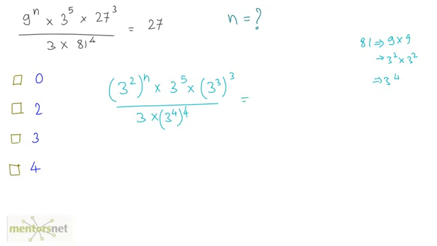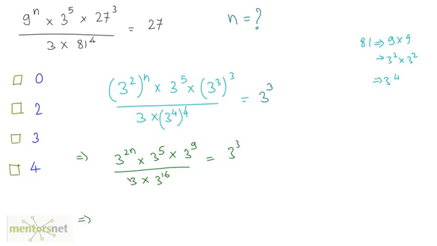Now equal to, on the right hand side I have 27. 27 is 3 cube, so it is 3 cube. Now this is equivalent to 3 raised to 2n times 3 raised to 5 times 3 raised to 9 divided by 3 times 3 raised to 16, since 4 4s are 16, equal to 3 cube.